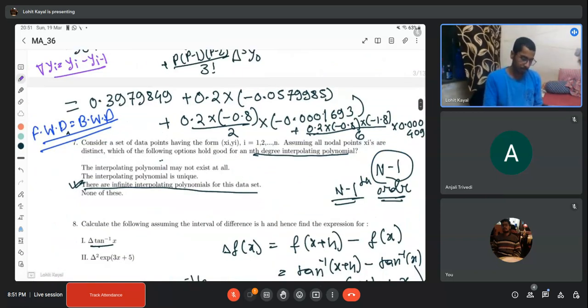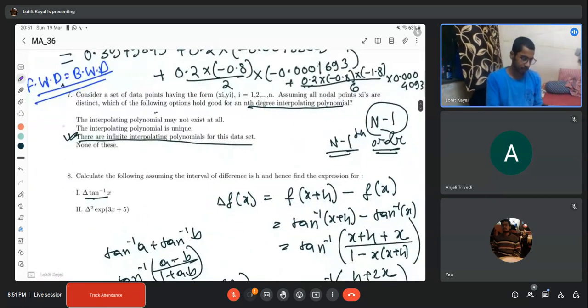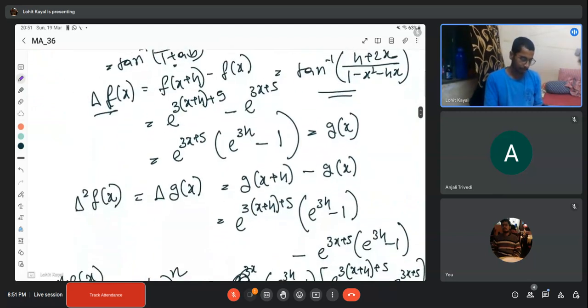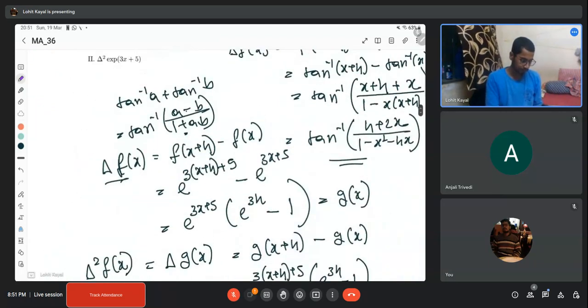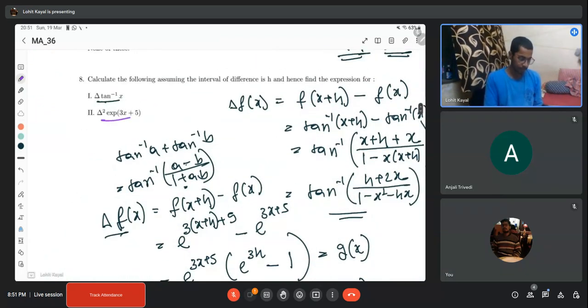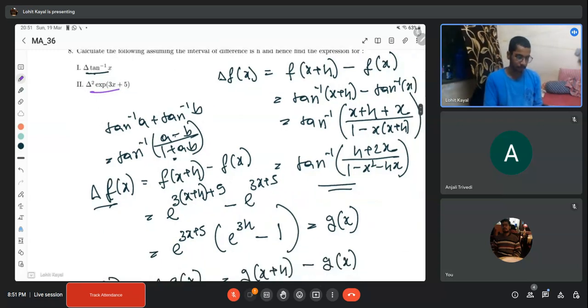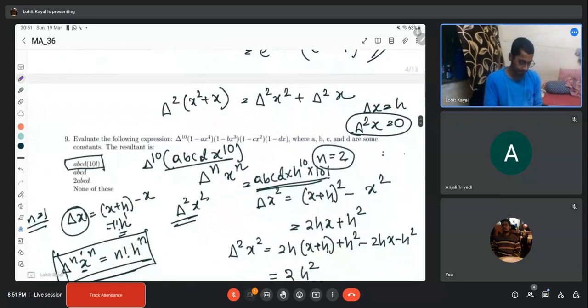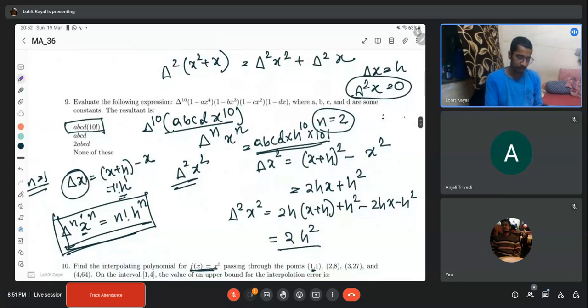So here this is a small MCQ question which you can easily understand. Here I have calculated the expression of these two, tan inverse x and delta square e to the power 3x plus 5. This is an interesting question, question 9.